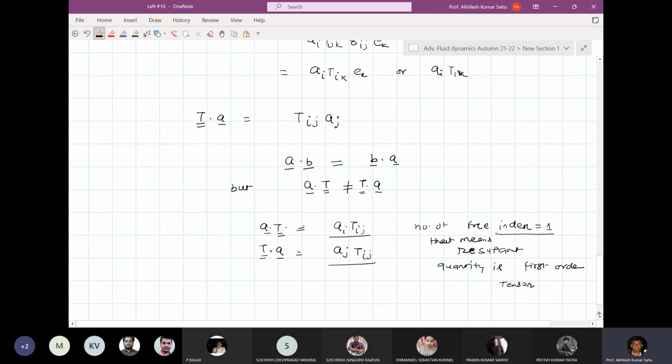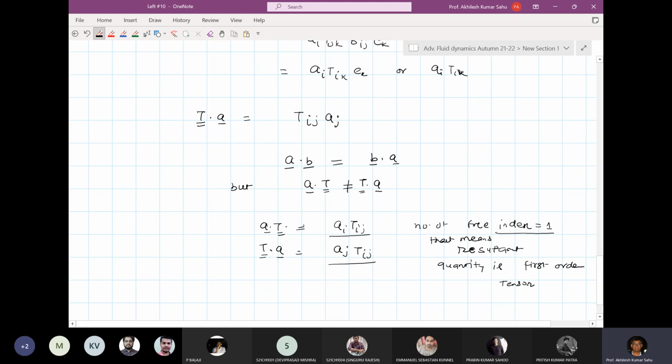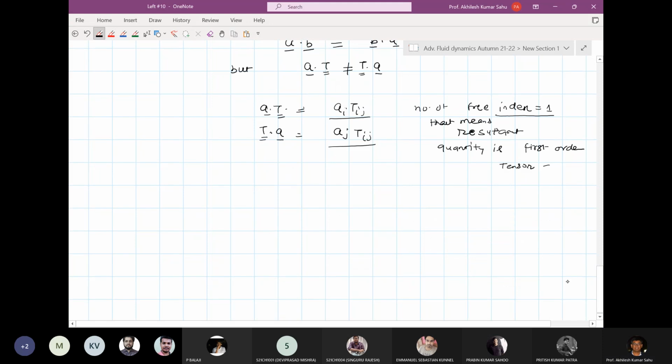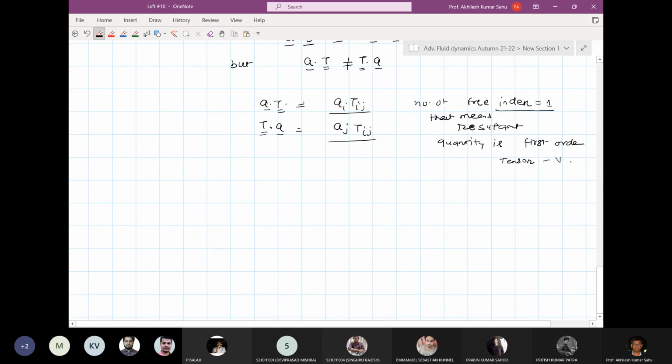If the number of free index is 2, that means that quantity is a second order tensor. If the number of free index is 0, that means the resultant quantity is a scalar quantity. So the number of free index is 1, that means it's a vector, a first order tensor.